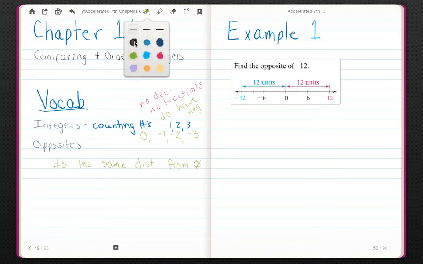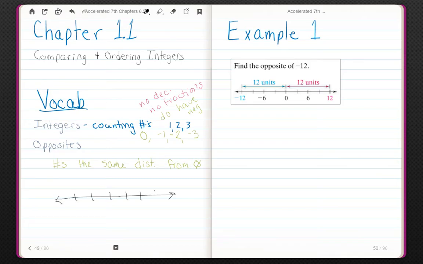So if I was to draw a number line, here's 0, 1, 2, 3, -1, -2, -3. So -1 and 1 are opposites.